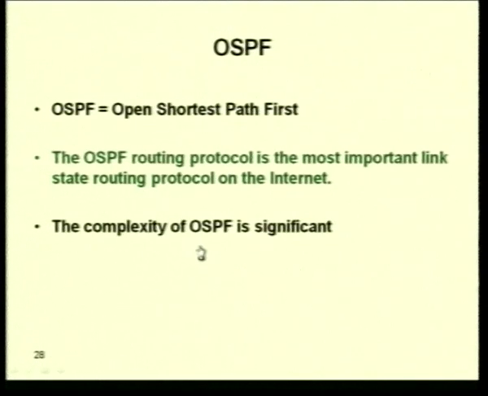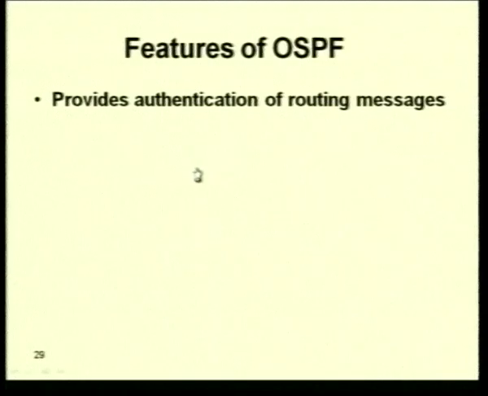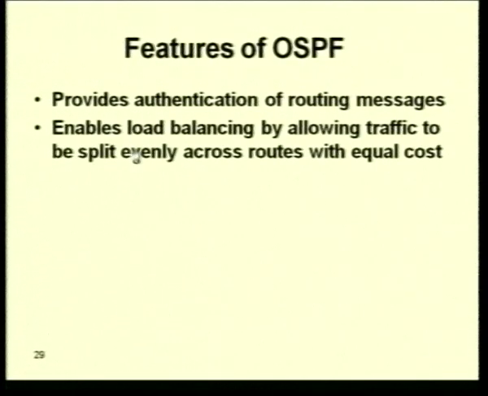The complexity of OSPF, as we can see, is significant, and we will take a look at some of those details. Now if you look at the features of OSPF, OSPF provides authentication of the routing messages. Secondly, it enables load balancing by allowing traffic to be split evenly across routes with equal cost. These are some additional features that OSPF provides over and above what is normally provided by the link state algorithm.